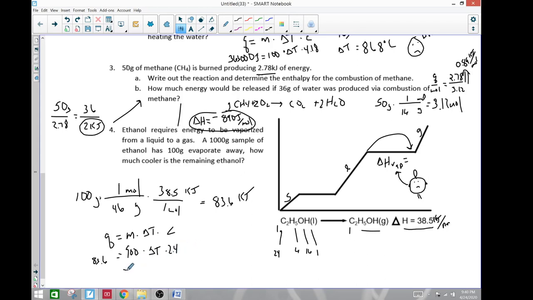Okay, solve all for delta T. Now the 83.6 is in kilojoules, and the specific heat is in joules. So this is going to have to be converted to 83,600, and this is now joules. So I'm going to divide the 900 out, divide the 2.4, and we'll know how much it changes in temperature.